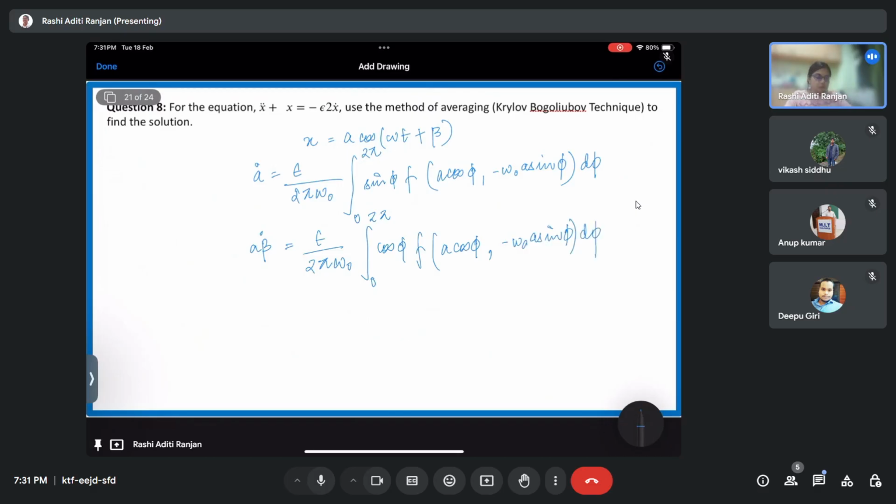This was the equation. Okay, I'll just recheck. What if I've written it wrong? Yes, it had a minus over here.